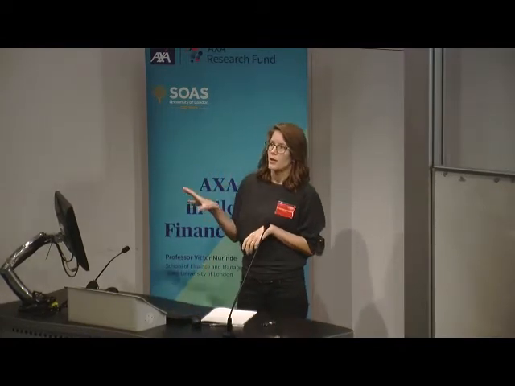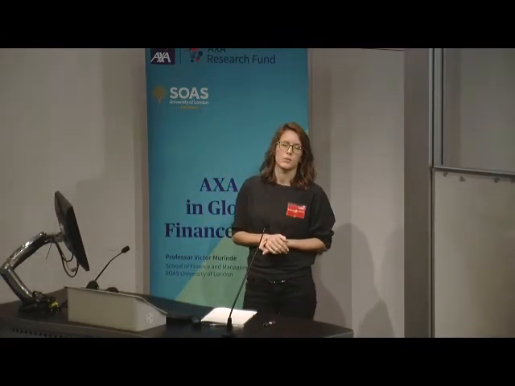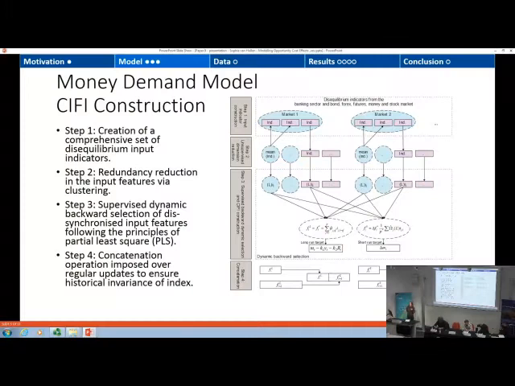Now, this is our basic visualization of the algorithm we constructed in order to construct our measurement. So we have 4 different steps. We start out with a broad overview of international financial market indicators, and from these individual variables, we construct disequilibrium indicators. What do we mean by that?